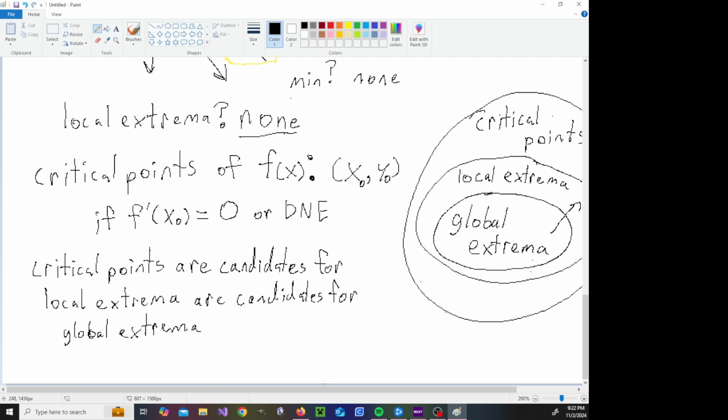Right. So if I find a critical point, it might be a local extreme value. And if I find a local extreme value, it might be a global extreme value.